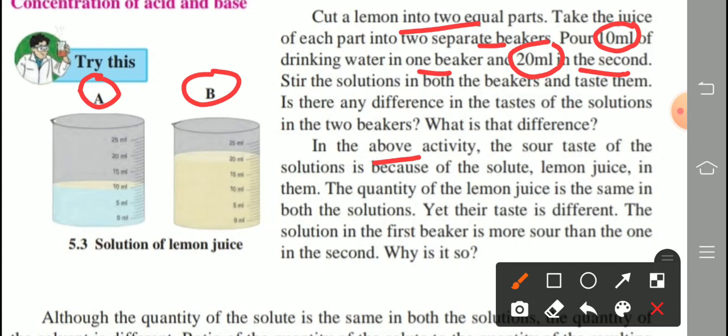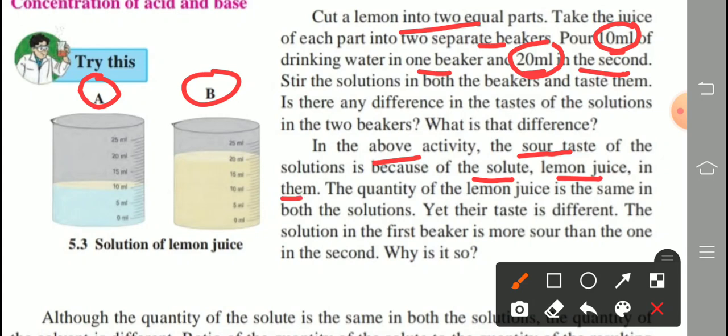Remember these words, solvent and solute. Which is more, that is called the solvent; which is less, that is called the solute. So the water, the solvent, is different, but the solute, the lemon juice, is the same. Now check that. In the above activity, the sour taste of the solution is because of the solute, lemon juice.